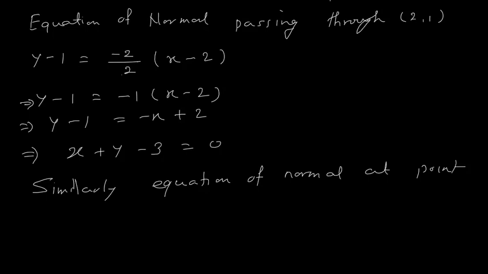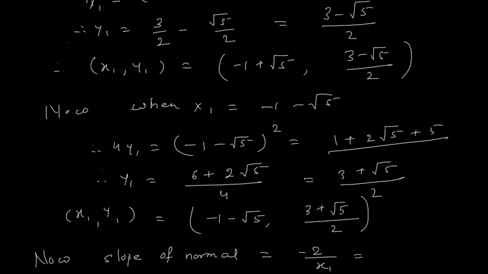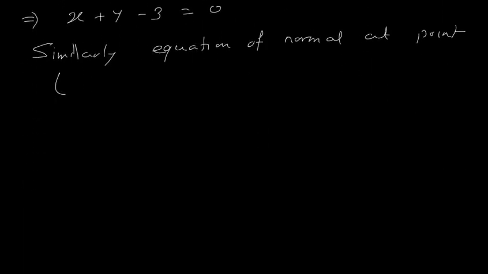We have one more point, which is minus 1 plus root 5 comma (3 minus root 5) divided by 2.